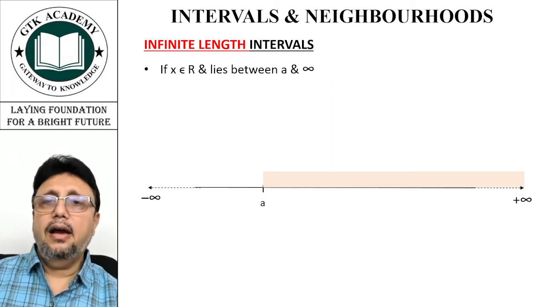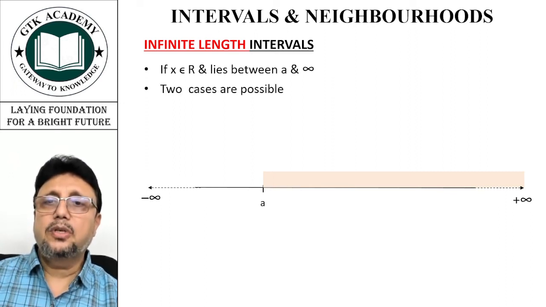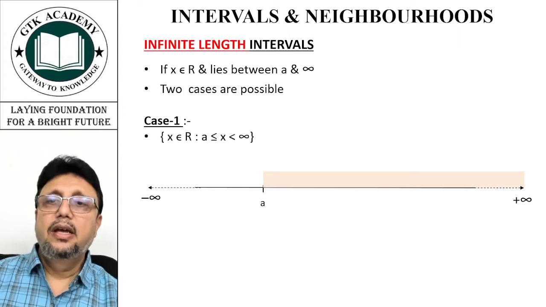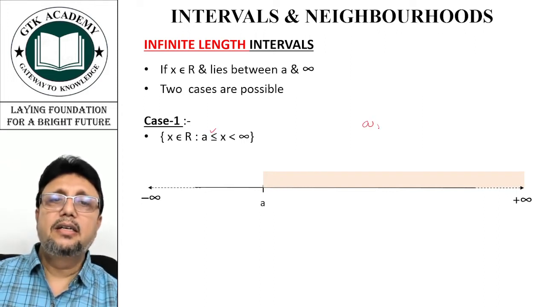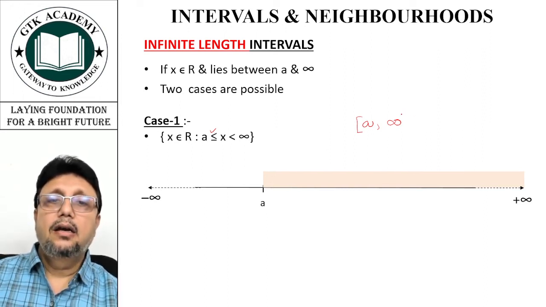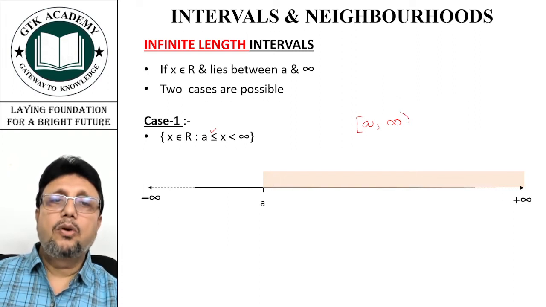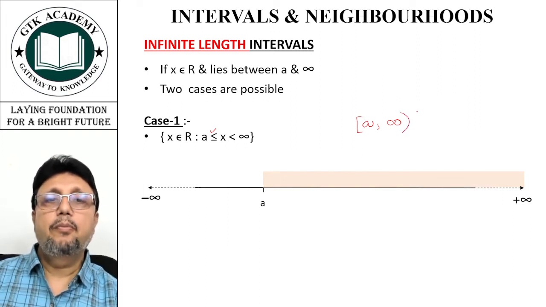Now, here again, two cases are possible. Case 1, x lies between a and infinity, and x is greater than or equal to a. That means we will write this interval like this. At a on the left-hand side, it is closed. But on the right-hand side, we will always keep it open. It's very important. Why?